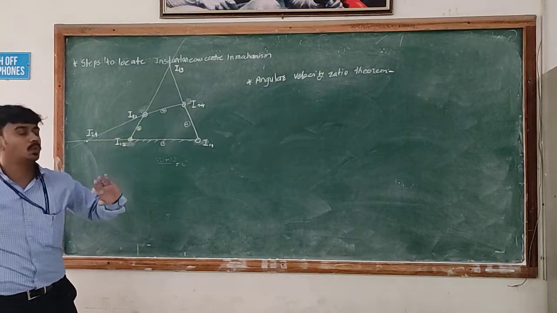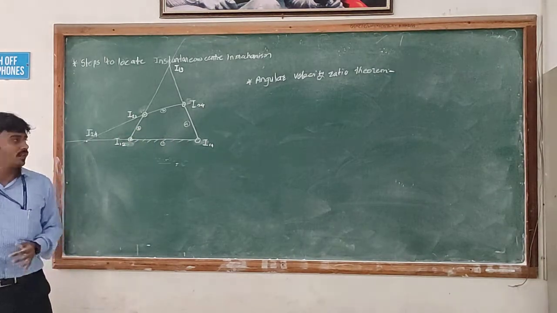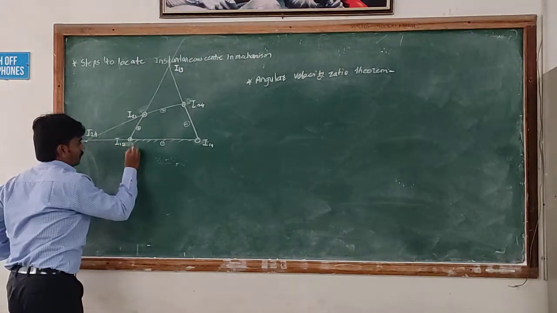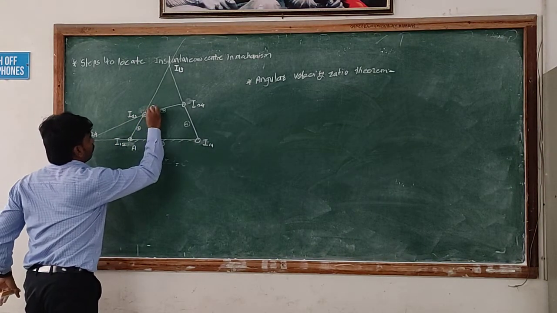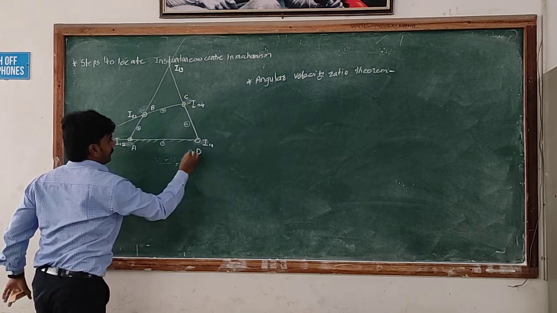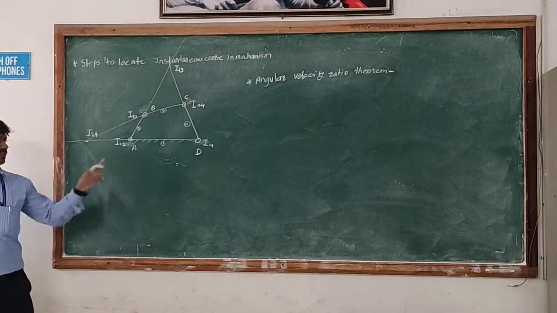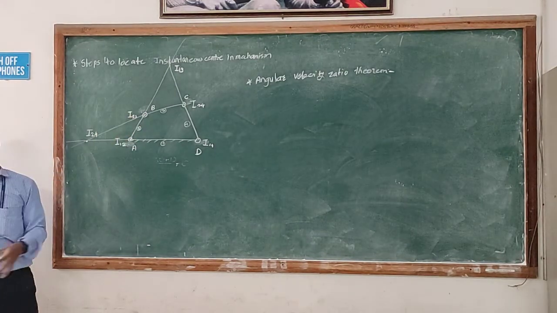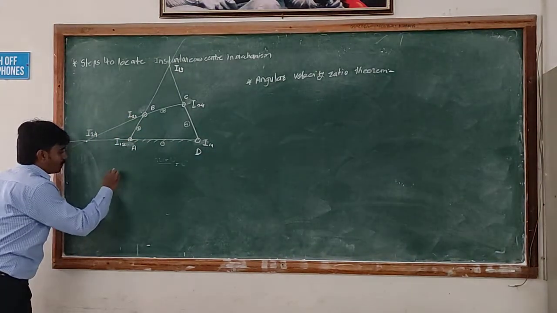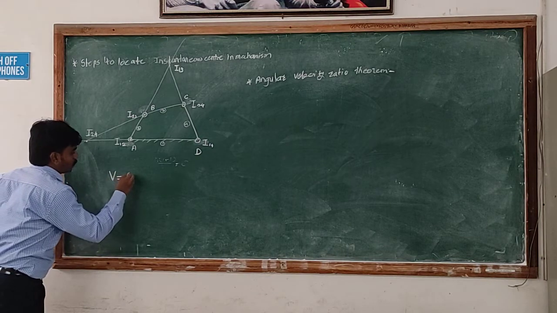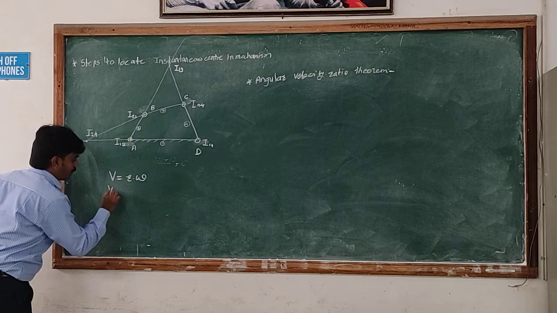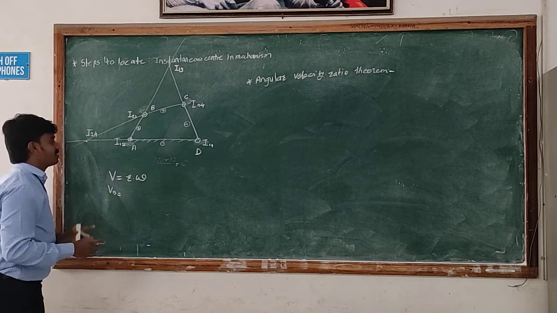Before going to the statement of this theorem, suppose here are points A, B, C and D. There are 4 points, and if we want to find out the velocity of the point B, our basic formula for velocity is r into omega. What is r here?